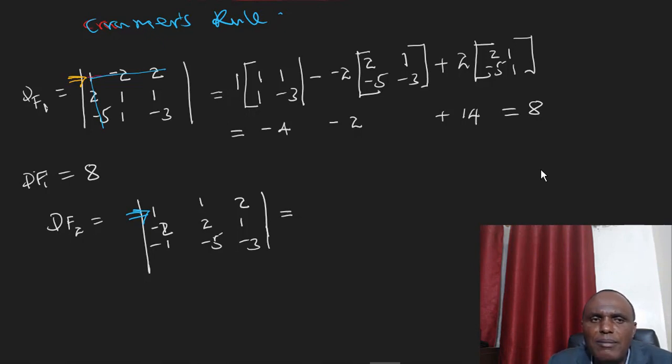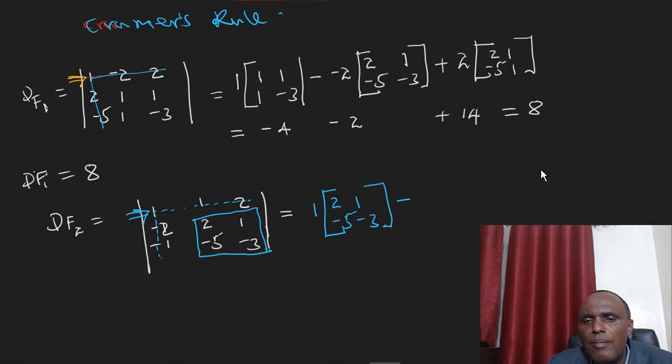So the element 1, you multiply by, we are going to remove that row and that column. The other elements which are remaining form a 2 by 2 matrix, and we are going to get its determinant. That determinant, if we place the sign, forms the cofactor. So here we have 2, 1, negative 5, negative 3 there, minus.